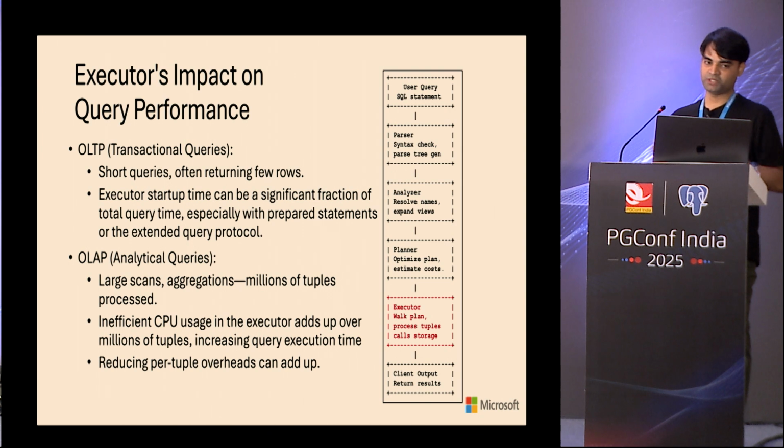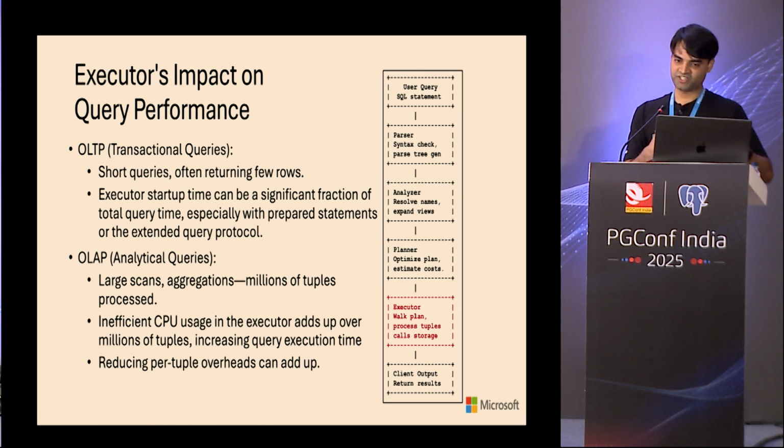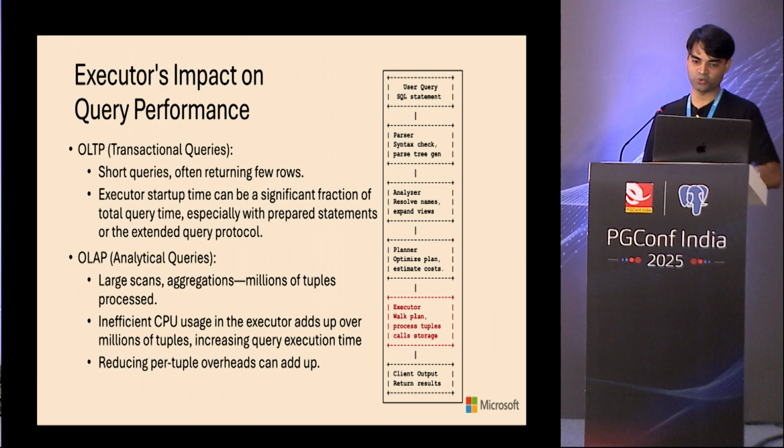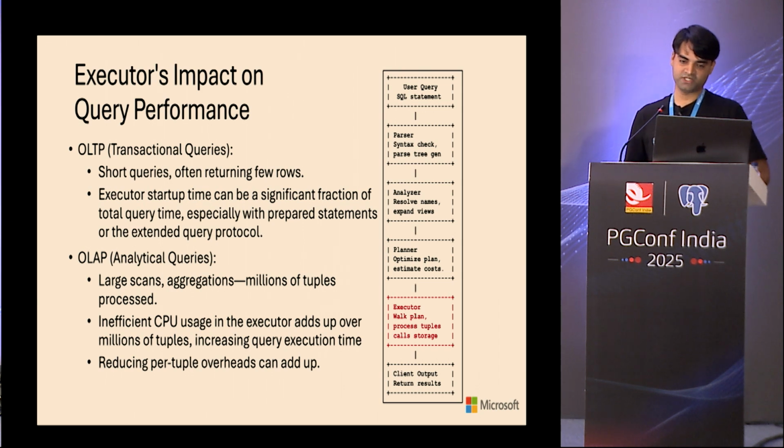First is OLTP. These are for short queries where the executor has a small fraction, but still, if you use, for example, prepared statements, in which Postgres is able to cache the parse tree and the plan tree, the executor becomes a larger portion of the overall execution time. So any performance issues of the executor show up even for OLTP.